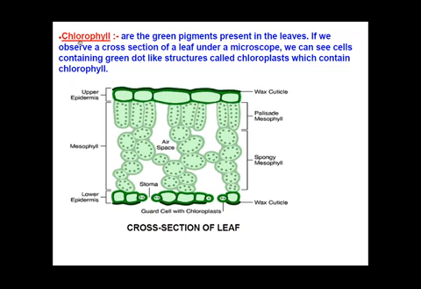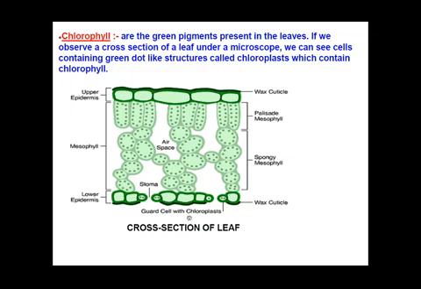Now comes the chlorophyll. What is chlorophyll? Chlorophylls are the pigments which are present in the leaves of the plants, and these pigments are green in color. If you observe a cross section of leaf under a microscope, you will observe it like this.